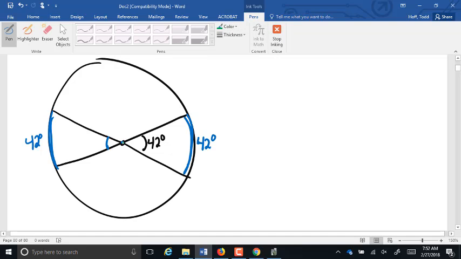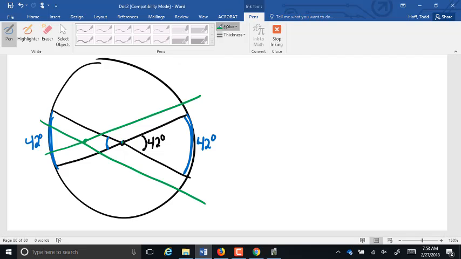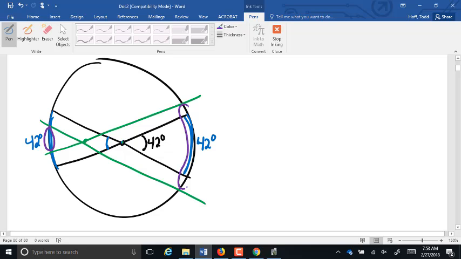Well, if I move the intersection of those lines, those chords, in this case, they're both diameters. Remember, diameter is just a special chord. If I move that intersection this way, those lines are still parallel to the original ones. You'll see that this arc got smaller, this arc got larger.